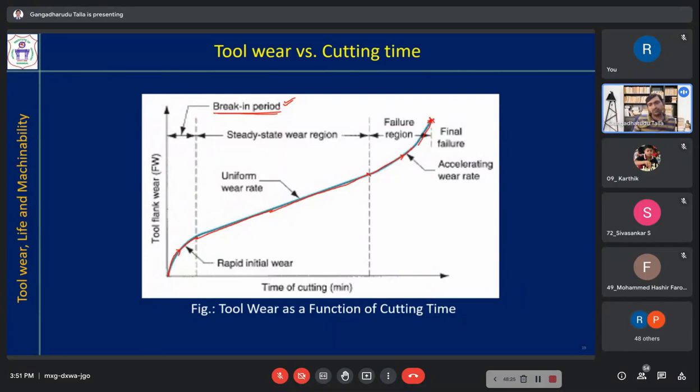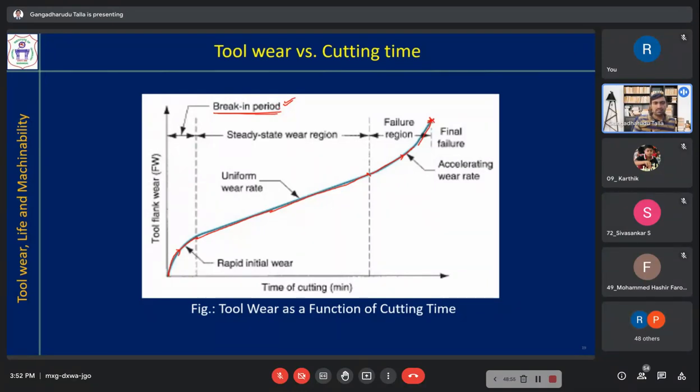You sharpen the pencil. Pencil is very sharp. Now, if you try to write with that pencil, at the beginning, what will happen? Generally, there will be breakage or chipping of that tip. At the very beginning, a minor amount of breakage will be there.